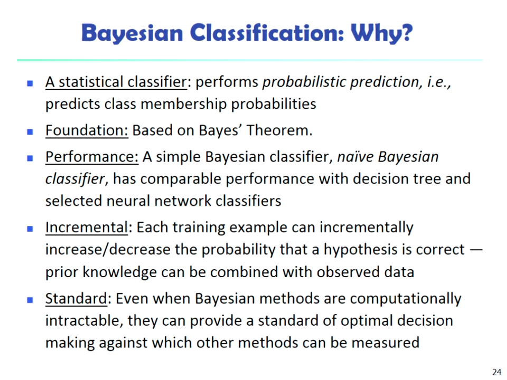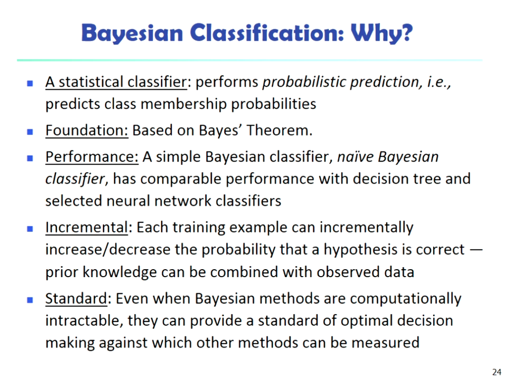Bayesian classification is a statistical classifier that performs probabilistic prediction, that means it predicts class membership probabilities, and the foundation of this classifier is Bayes' theorem. A simple Bayesian classifier, the naive Bayesian classifier, has comparable performance with decision tree and selected neural network classifiers.